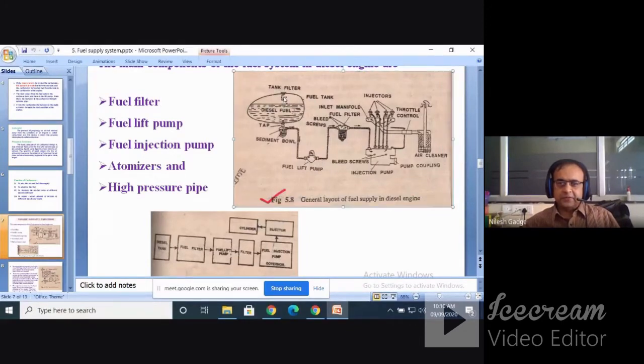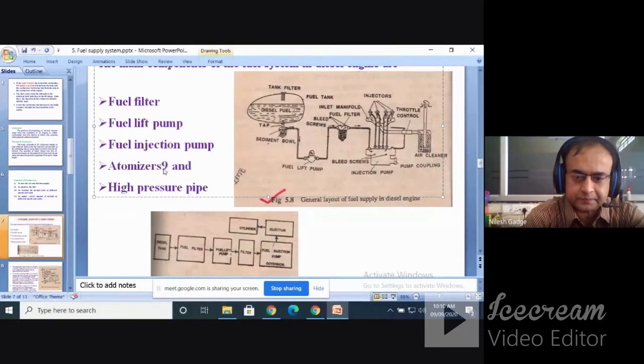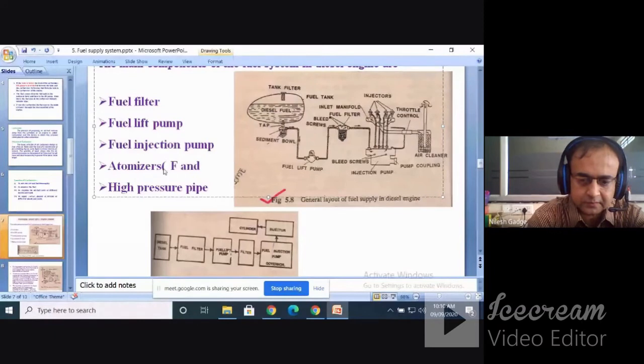This is a fuel filter, this is also a fuel filter, this is also a fuel filter. Then this is the fuel injection pump. This is the fuel lift pump, and these are the fuel injectors. Fuel injectors are also called atomizers.